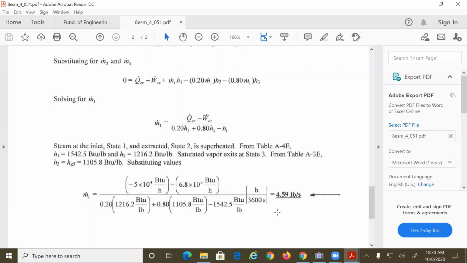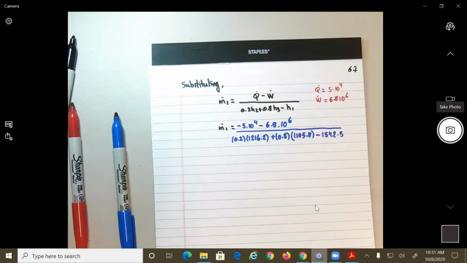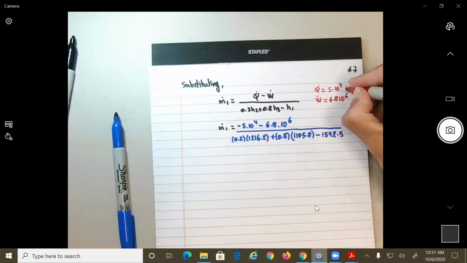Otherwise, we're going to have to do the calculation 4.59. So let's see. They want the result in seconds, and because this is BTU per hour, we need to transform.